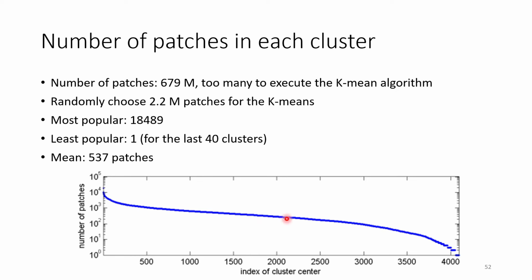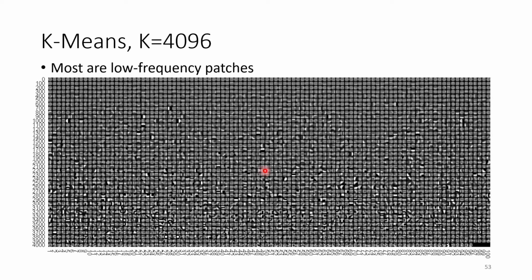But for the last 40 clusters, there is only a single patch in a cluster. This is a natural phenomenon for natural images: the frequency of most patches is very, very low. Only the high frequency patches are very rare in natural images.